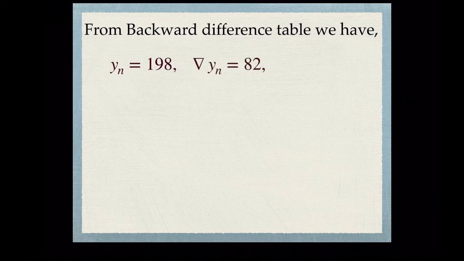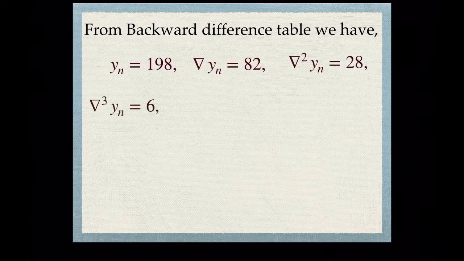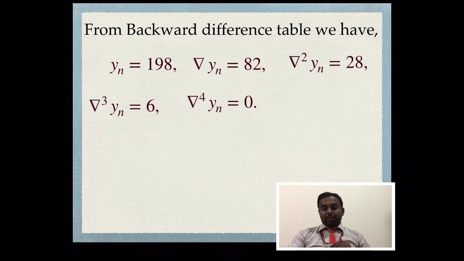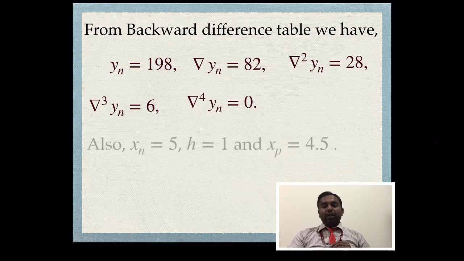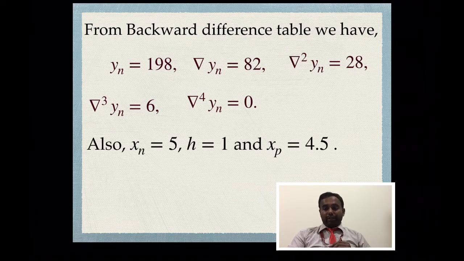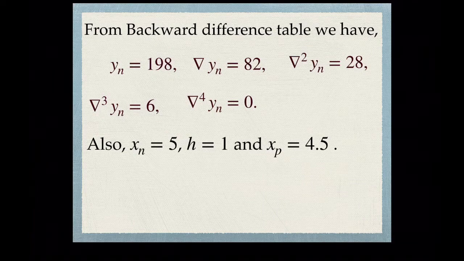So from the table we have all these 5 values. It has to be observed that del power 4 yn is 0, right? Also, of course, we know xn is 5, h, the difference, is 1, and xp is 4.5.